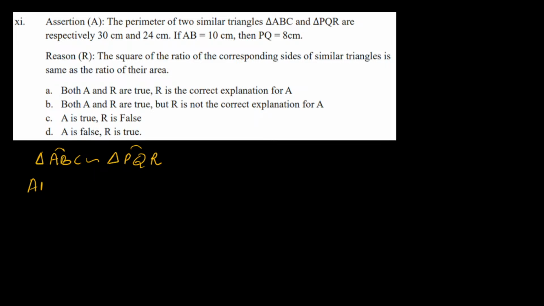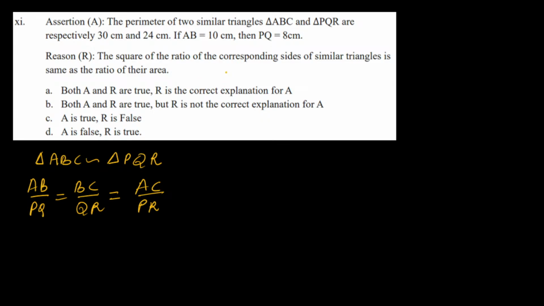So from similarity, I can write AB by PQ is equal to BC by QR, which is equal to AC by PR. This result we know: if two triangles are similar, then the ratio of the corresponding sides is equal. It's already given to us.